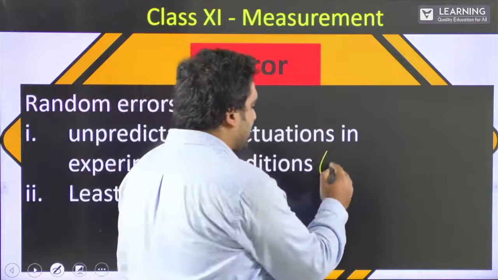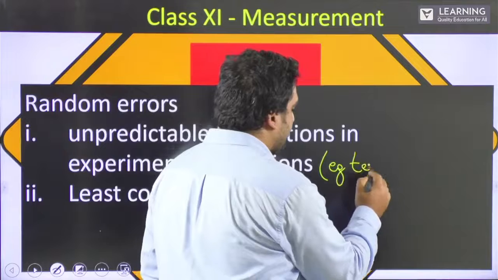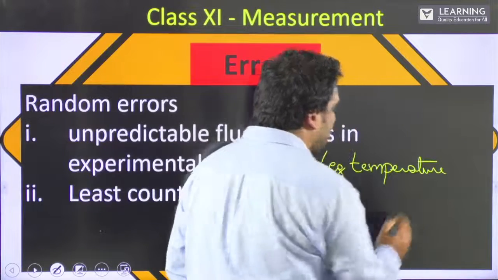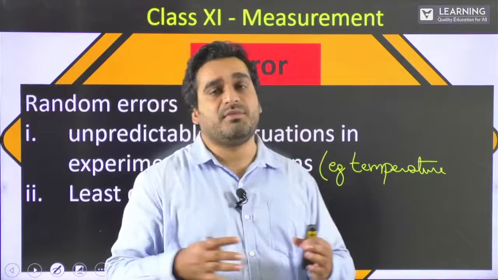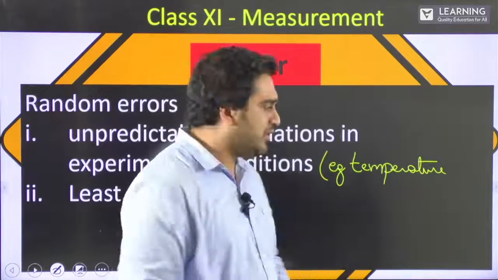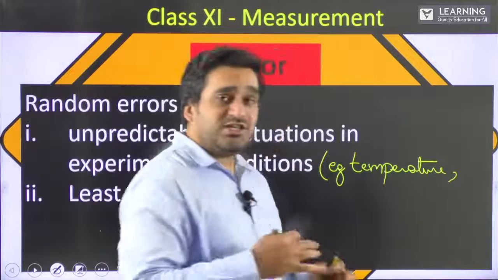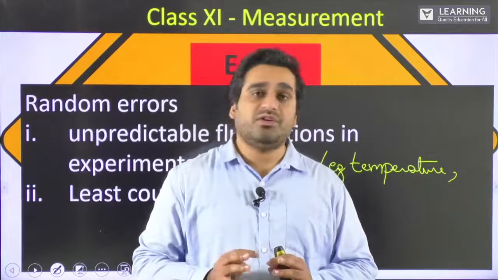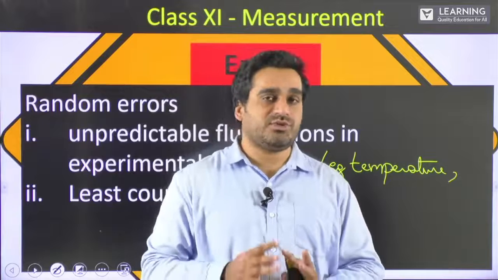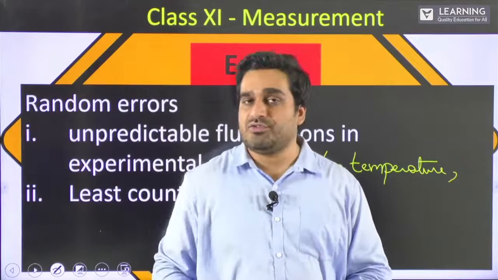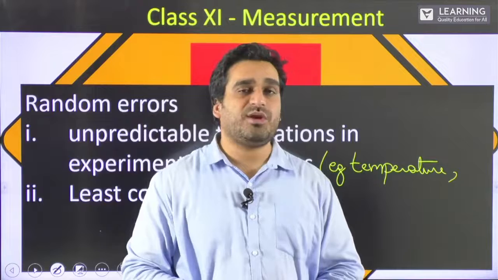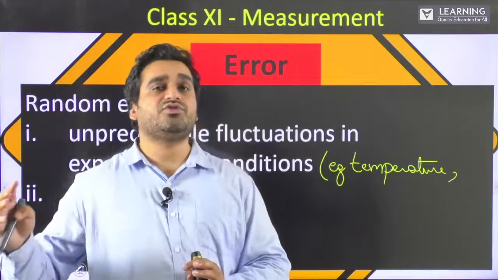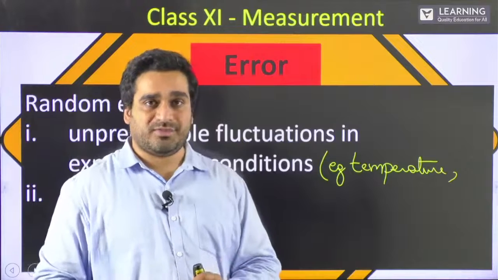So examples are temperature: a sudden drop in temperature causes your measurement to change. Similarly, change in voltage. You might have observed even at home, the voltage is not constant, though it is supposed to be 220 volts. It keeps fluctuating in a range of 220 volts to 240 volts.